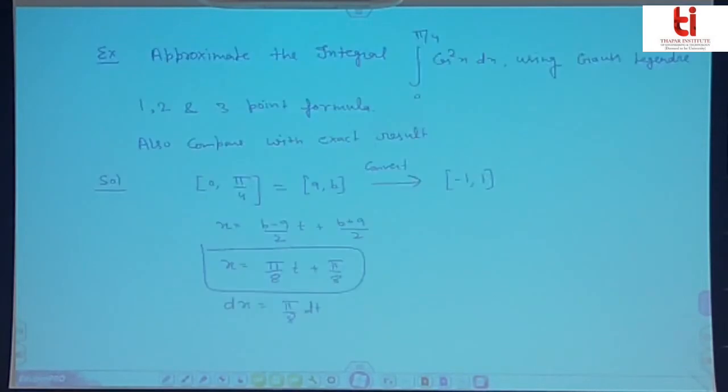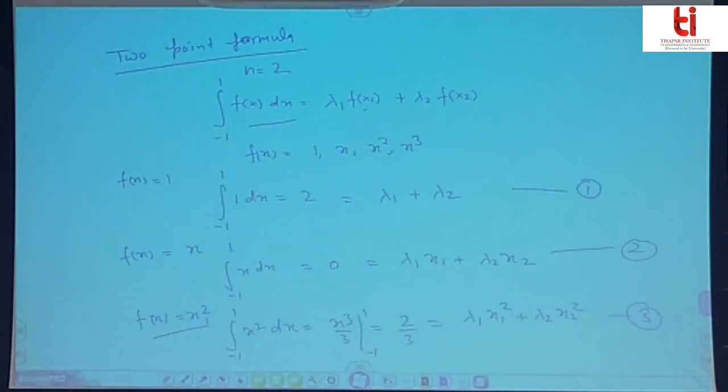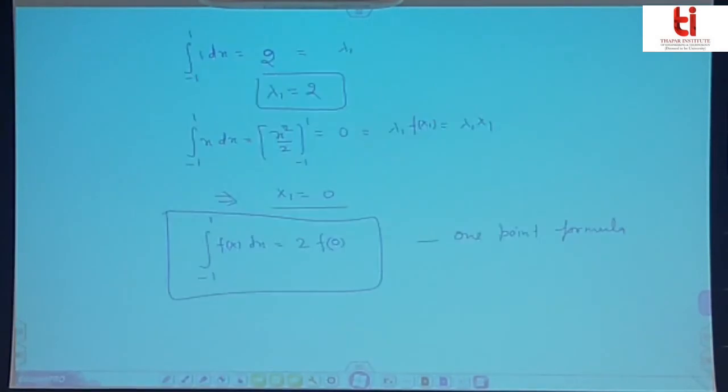So we discuss the accuracy of these formulas. In the 1-point formula, we have taken a 1-degree polynomial for deriving the formula.